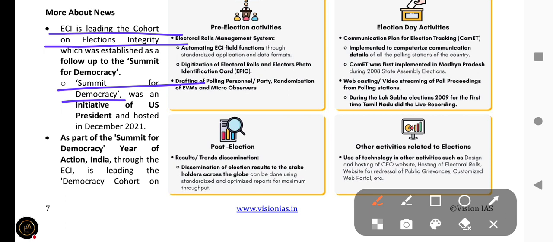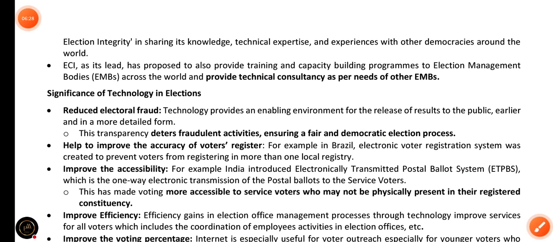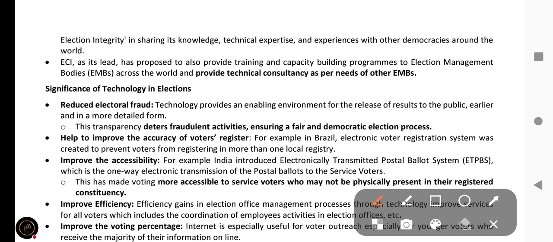As part of the Summit for Democracy Year of Action, India, through the Election Commission of India, is leading the democracy cohort on election integrity, sharing its knowledge, technical expertise, and experiences with other democracies around the world.